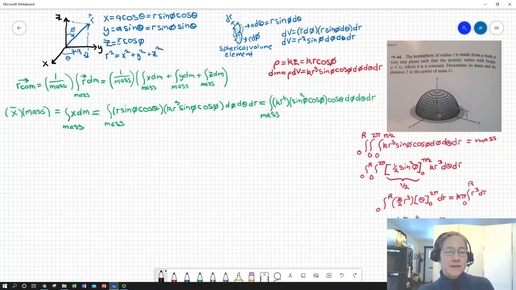And then z is r cosine phi, so it's this side of this triangle. And of course we can define our r as the square root of x squared plus y squared plus z squared, just like we would for any other 3D right triangle.